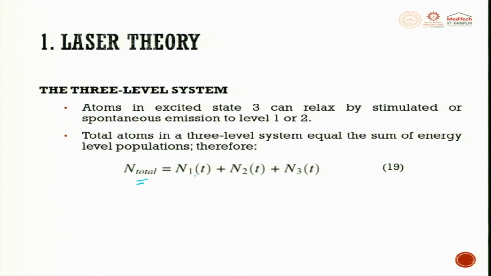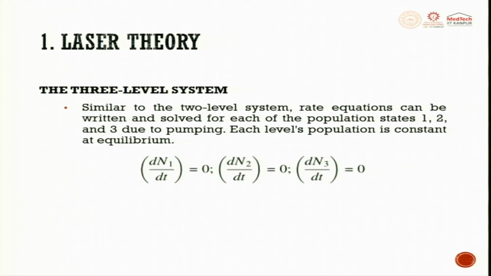Now the total is going to be N1 plus N2 plus N3. An atom in excited state 3 can relax by stimulated or spontaneous emission to level 1 or 2. The total number of atoms in the 3 level system equals the sum over the energy levels. So you can see, the more levels you have, the more emissions you will have.